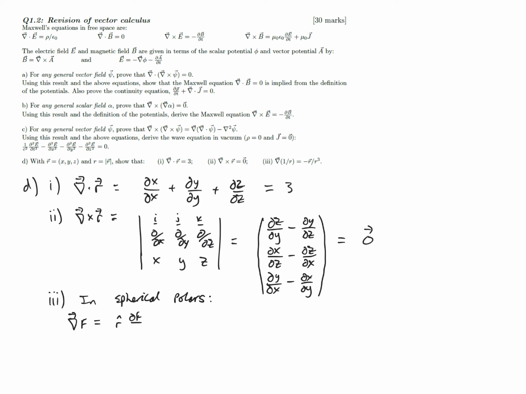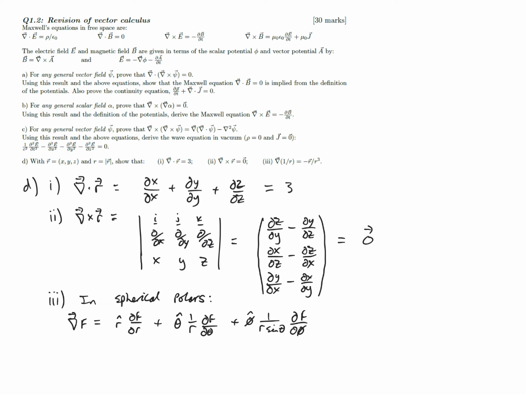It's partial df by dr in the r hat radial direction, plus 1 over r partial df by d theta in the theta hat angular direction, plus 1 over r sine theta of partial df by d phi in the phi hat angular direction.